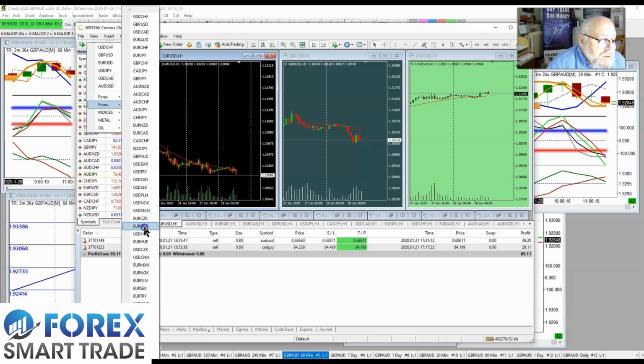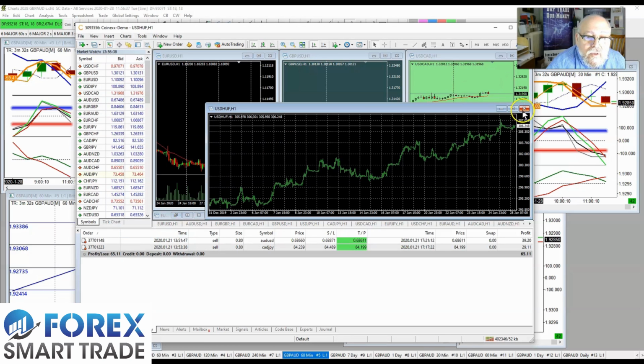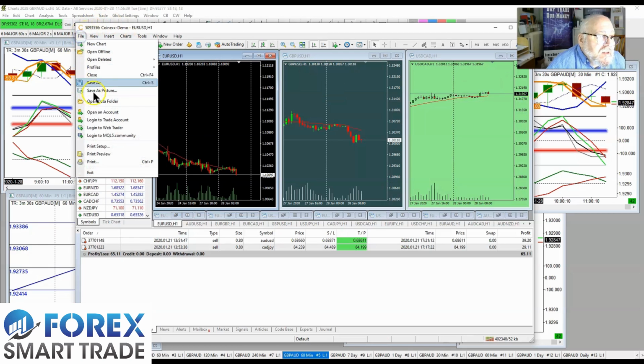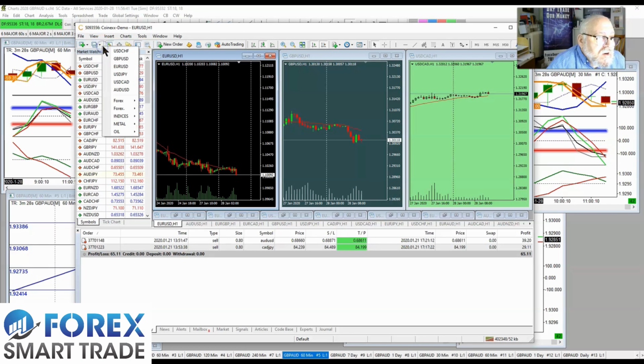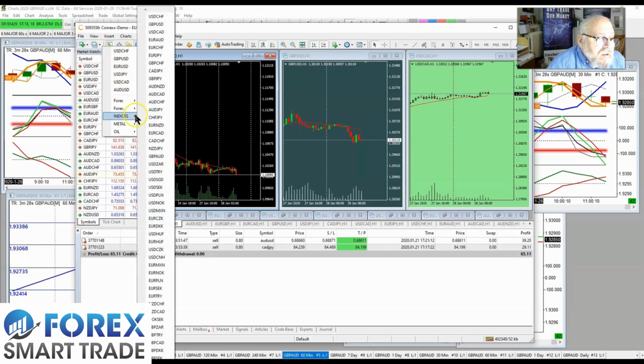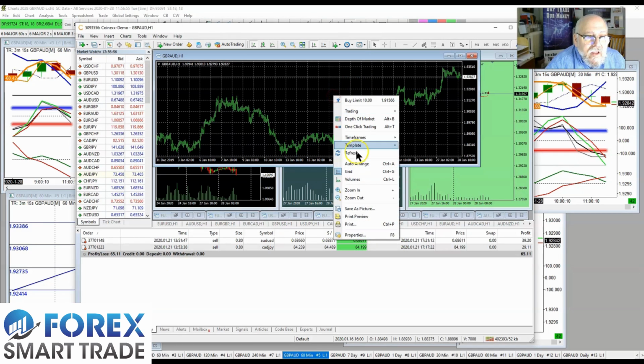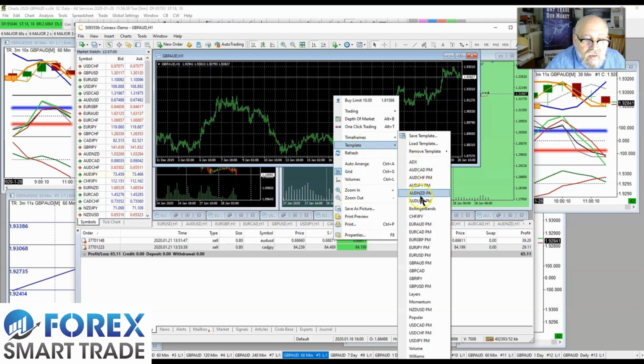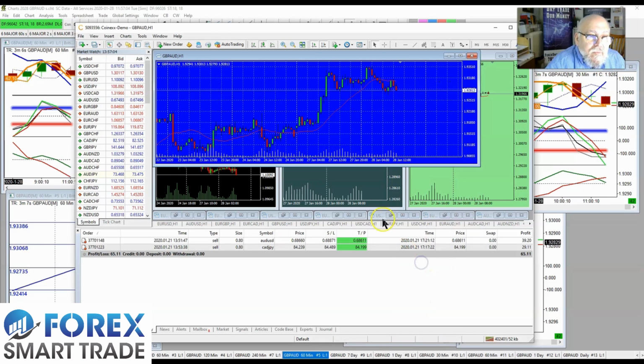Oops, wrong one. Let's try that again. File, new chart. Great Britain Pound. AUD, here it is. I don't like this. I'm going to just change the template. So I've got the chart open.